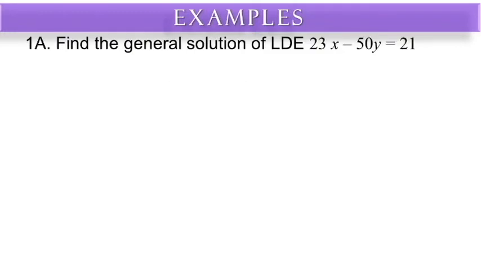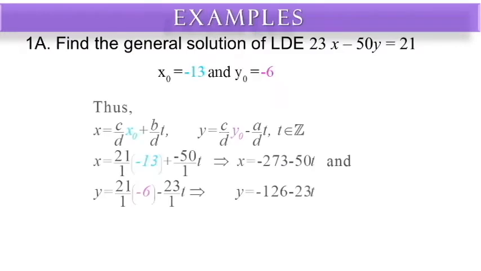Thus, going back to the general solution, we have x is equal to c divides d times x sub 0 plus b divides d times t, and y is equal to c divides d times y sub 0 minus a divides d times t, such that t is a set of any integers. So we have x equals 21 over 1 times negative 13 plus negative 50t over 1.